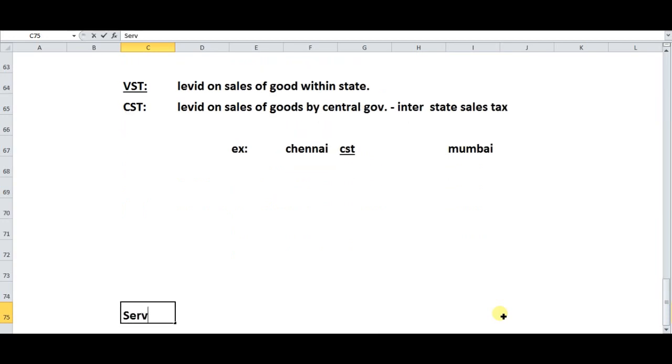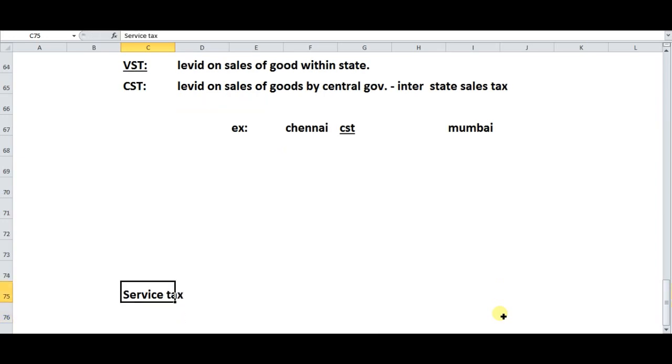Next one, service tax. Service tax is levied on services by the government body. For example, if you are getting paid for a service, then you need to pay the service tax for that service.